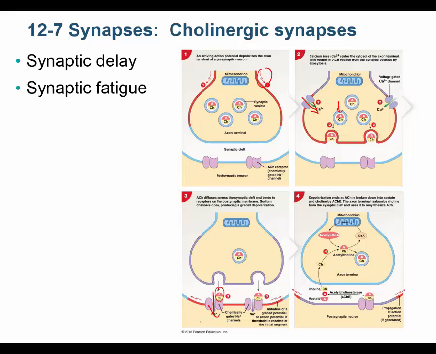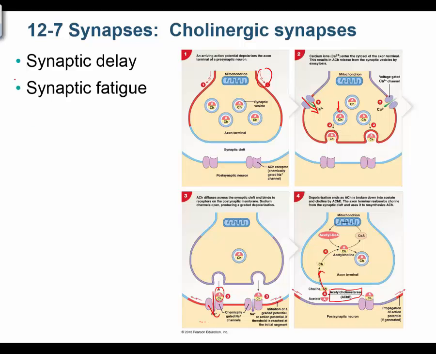Now my postsynaptic membrane depolarizes. Now my acetylcholinesterase breaks down acetylcholine to acetate and choline, and the choline goes through reuptake. And that is the cholinergic synapse. By the way, it is a chemical synapse, but it's more specifically a cholinergic synapse, or deals with acetylcholine.